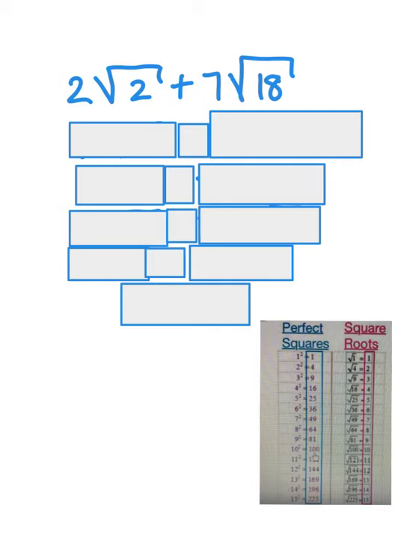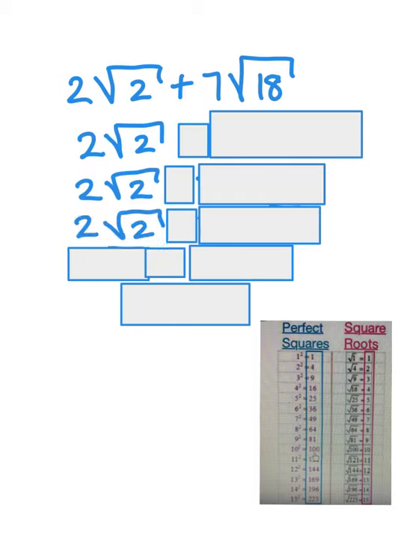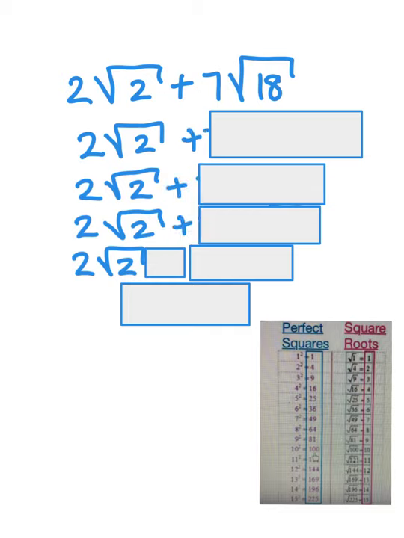Moving on, we have 2 square roots of 2 plus 7 square roots of 18. Again, we need to look at it. Can I simplify this number? Is this simplified as much as possible? Yeah, it is. So I'm just going to leave that number there, and we know that we're adding. Let's focus on this 7 square roots of 18.